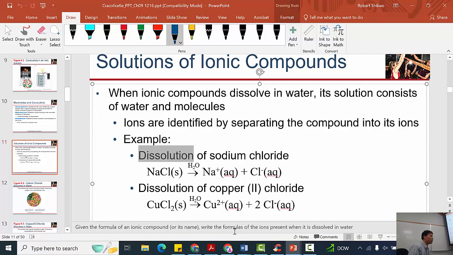So when we dissolve sodium chloride, does it break apart fully, partially, or not at all? Fully. It breaks apart fully, and so that's what we call a strong electrolyte. Copper 2 chloride, because it's a soluble salt. Copper 2 chloride, is that a soluble salt? Yes. And when we dissolve it, under the dissolution process, it breaks up fully into the ions, copper 2 and chlorides.